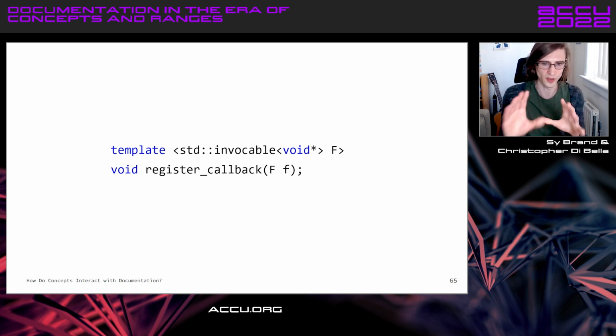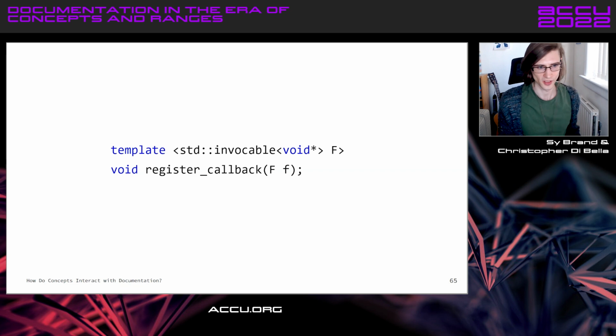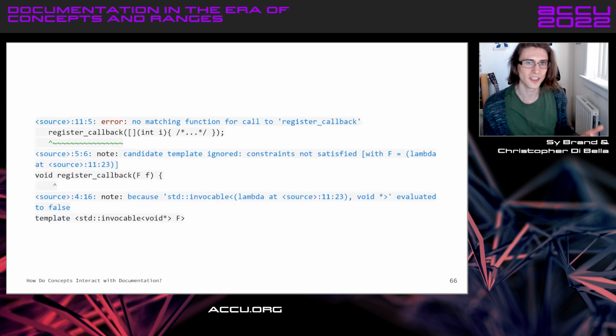All right, we look at this, and we don't necessarily know the semantics of what this callback is doing. We might know that from our domain knowledge or from other documentation, but at least we know more about what this function is doing. And the compiler helps us there as well. If we do the same thing that we did just a minute ago and pass an int closure, then it says, okay, no matching function.